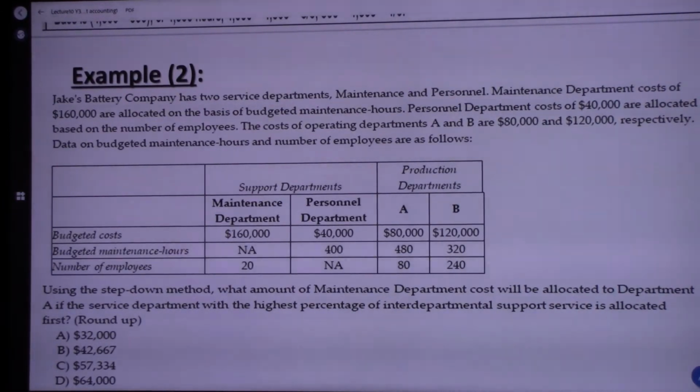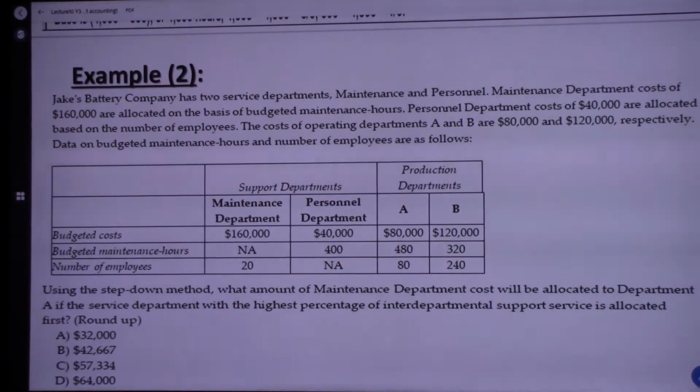Here in example 2, we have a firm that has 2 service departments and 2 production departments. The supporting departments are the maintenance department and the personnel department. The production departments are A and B. We have budgeted costs for the 4 departments.